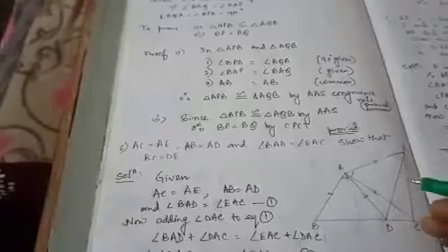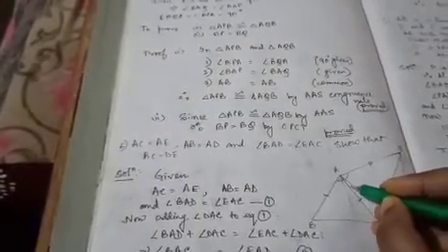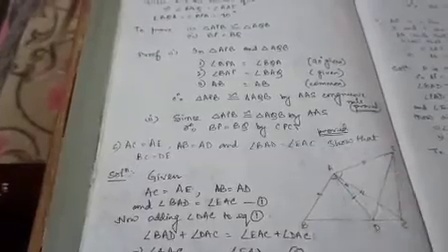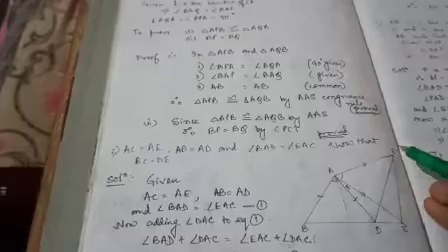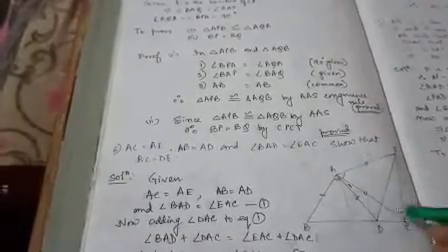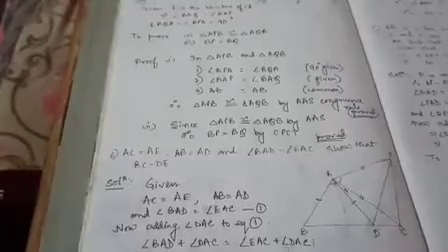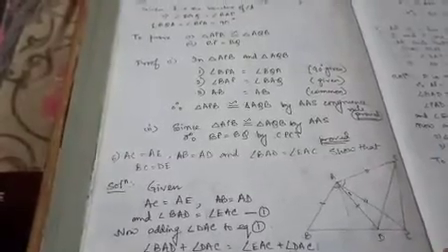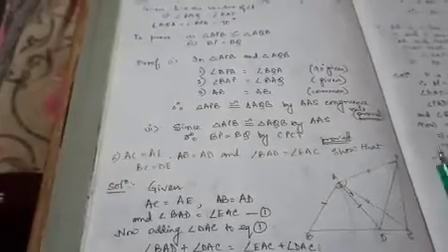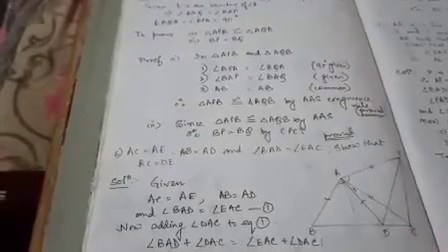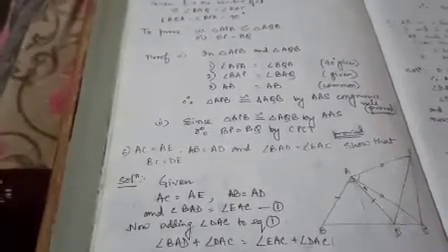Now when we consider triangle ABC, this angle 1 is missing. Also when we consider EAD, angle 1 is missing. When we studied Euclid's geometry, we came across one axiom that when equals are added to both sides of an equation, the resultant is also equal.